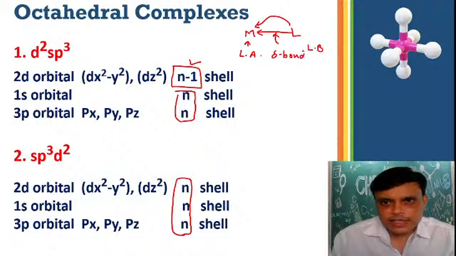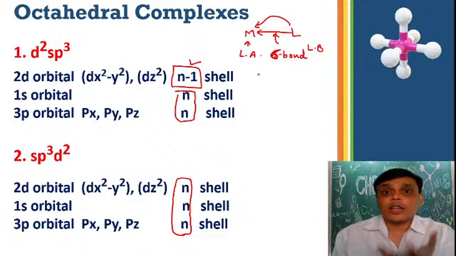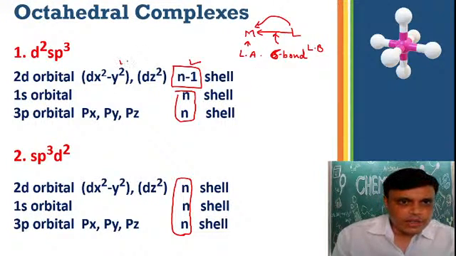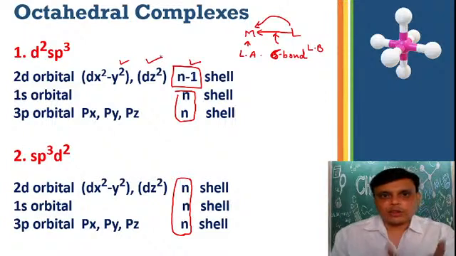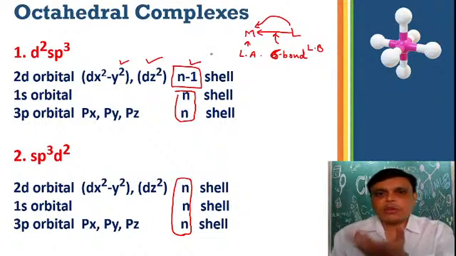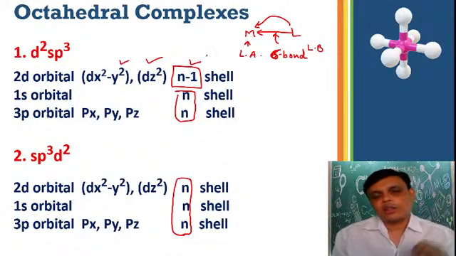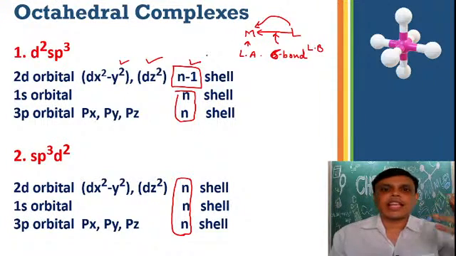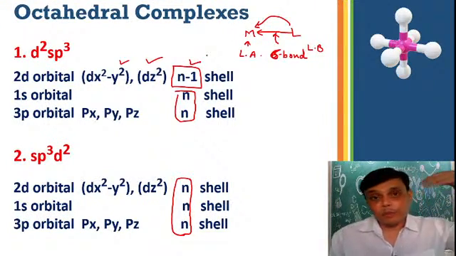And this bond is called a sigma bond. Now why is this bond called a sigma bond? Because axial overlapping is there. These orbitals have their lobes along the axis, and only if they are along the axis can they overlap with the ligand. Those that have their lobes in between the axis cannot have head-on overlapping, so they cannot form a sigma bond, they will form a pi bond.